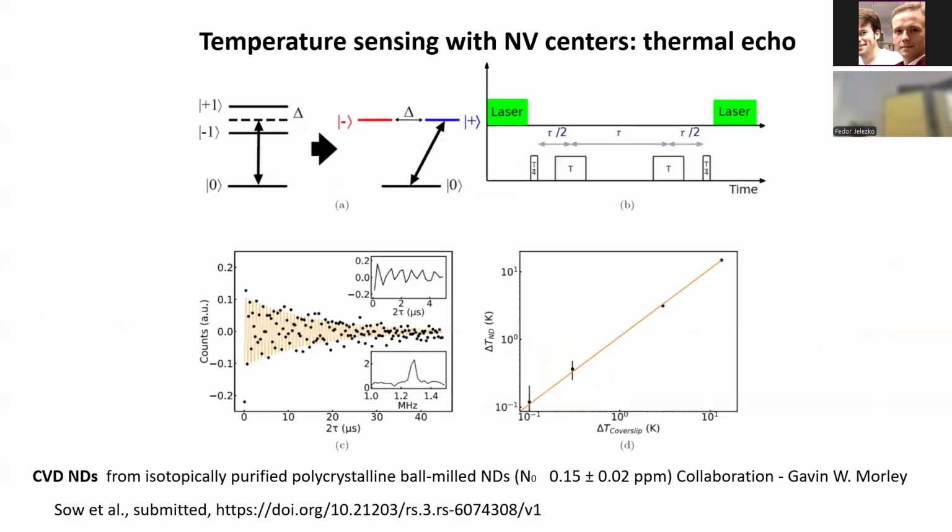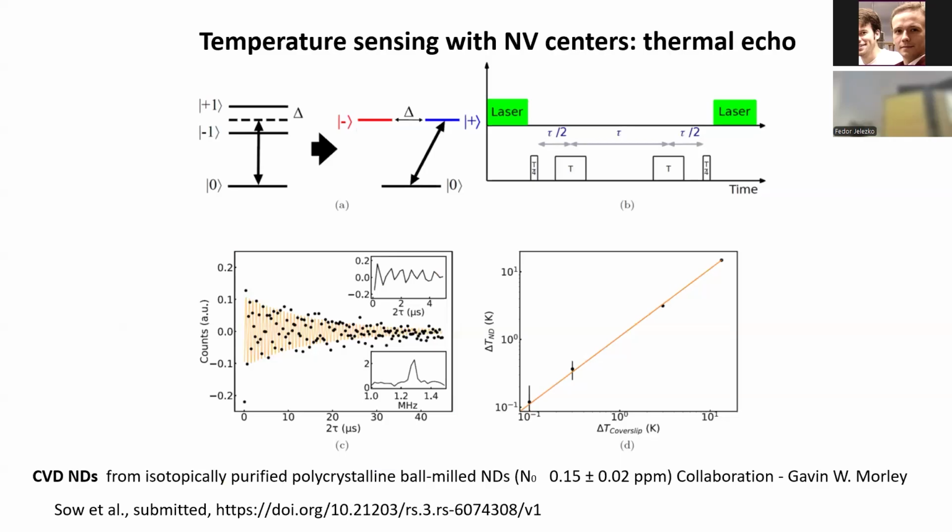Thanks. So we now have the ability to apply pulses, and we can do more with this. Basically, we construct a pulse sequence that is not sensitive to a magnetic field. We excite coherences that are only sensitive to the D parameter and not to the splitting between minus and plus one. We call it thermal echo.